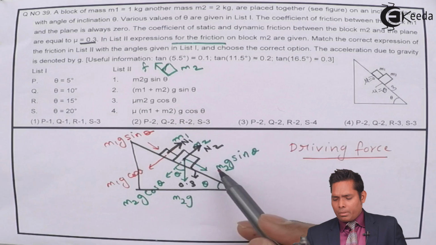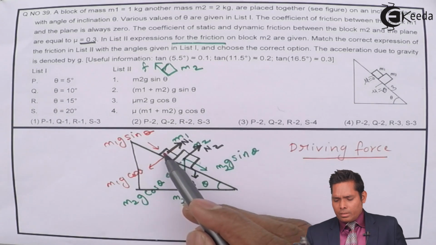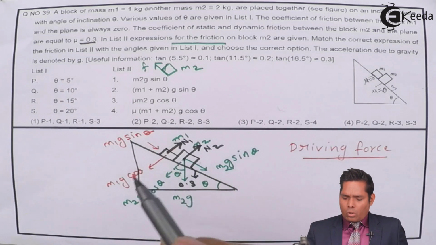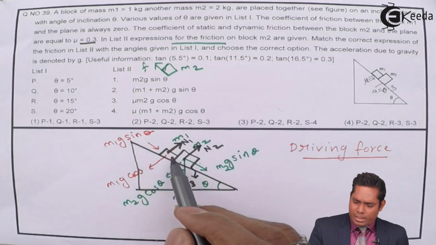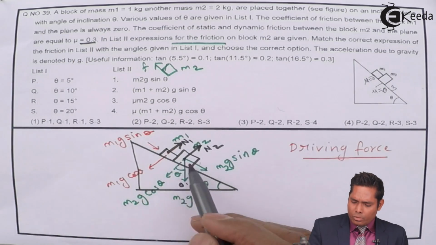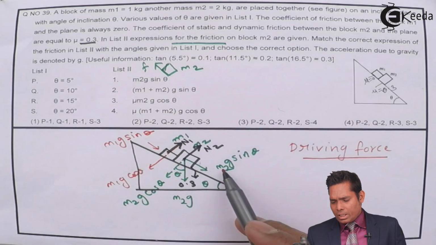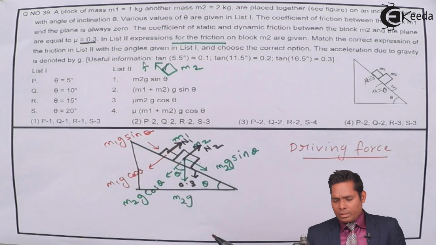So this is the driving force for this block. For this smaller one, the driving force is m1g sine theta. So this is frictionless, so this force exactly acts on this one. So the total driving force on this block is m2g sine theta and m1g sine theta.